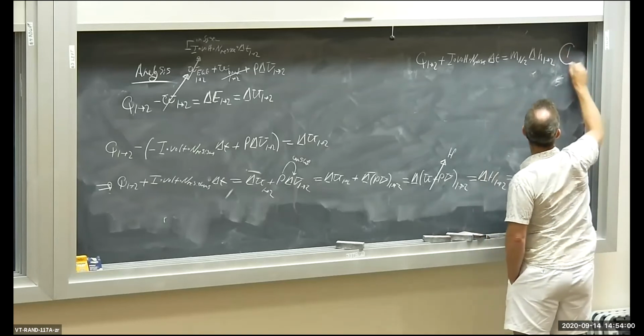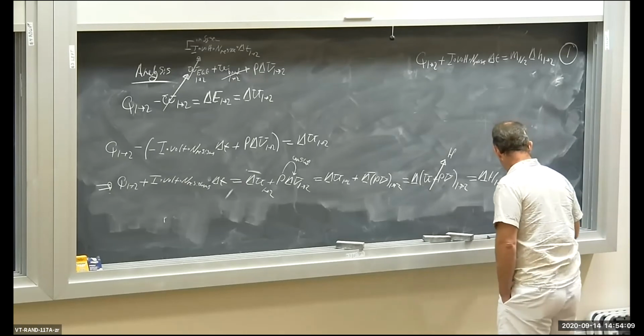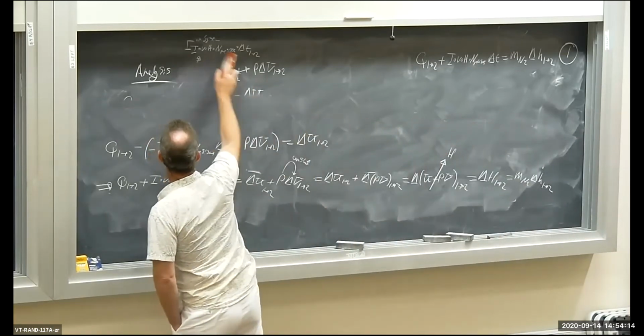I'm going to call this equation number 1 because this is the energy balance that we're going to use to calculate temperature T2. We're going to start off with this version for both part A and part B. So I'm going to write it right up there in the corner.